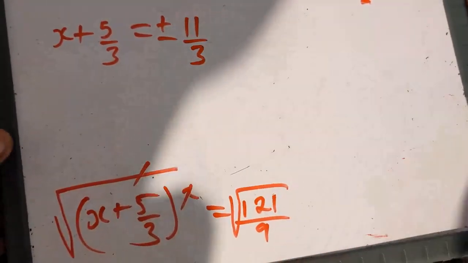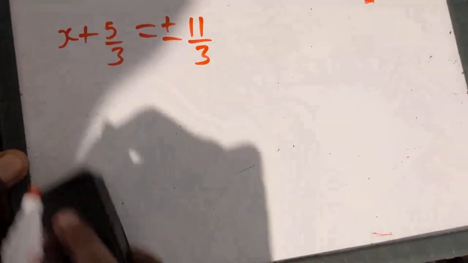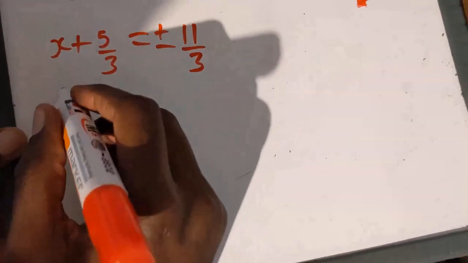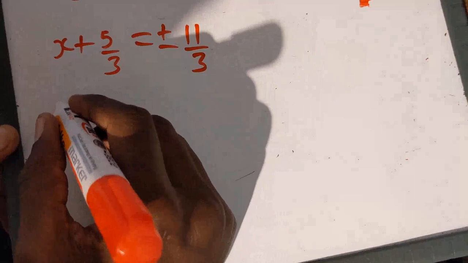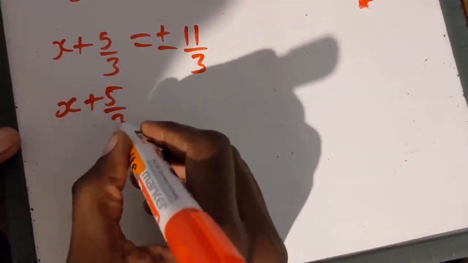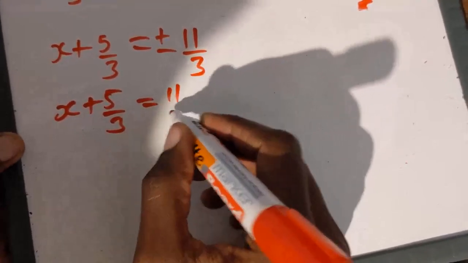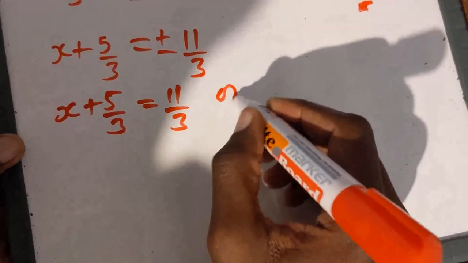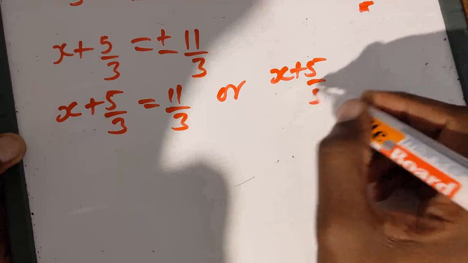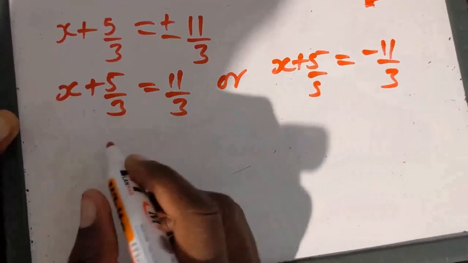Okay, so we create some space, right? So then here it will be x plus 5 over 3 is equal to 11 over 3, or x plus 5 over 3 is equal to negative 11 over 3, like that.